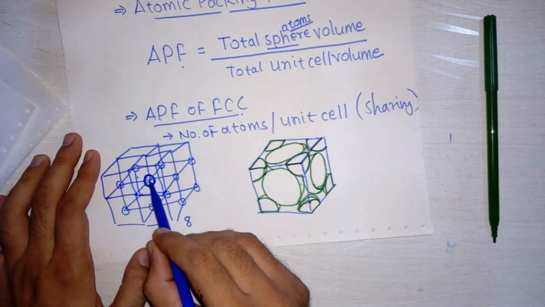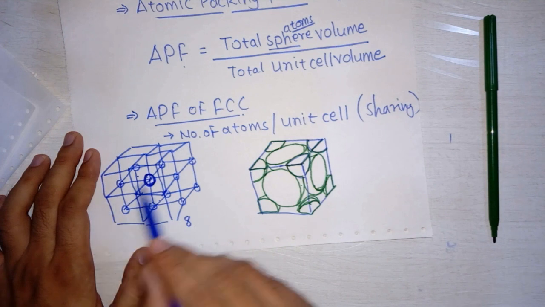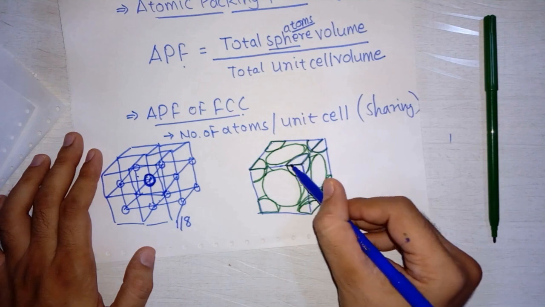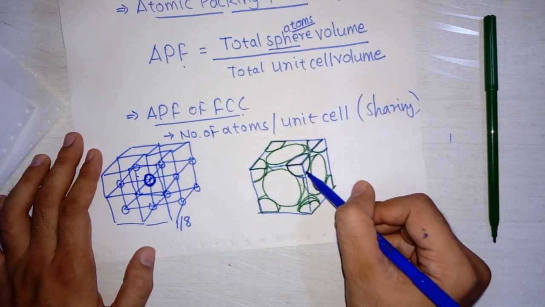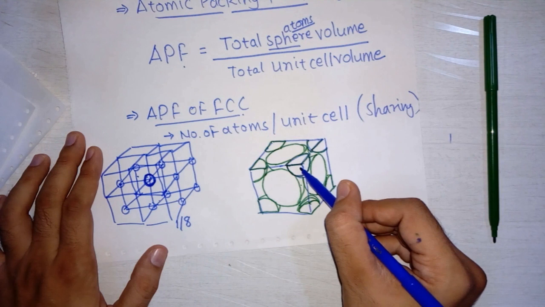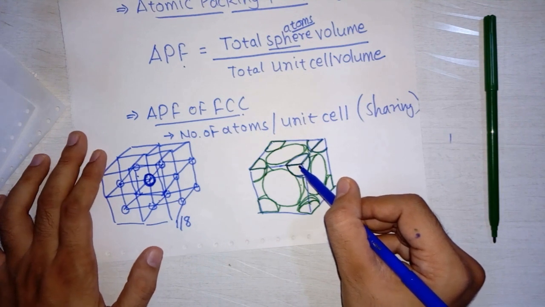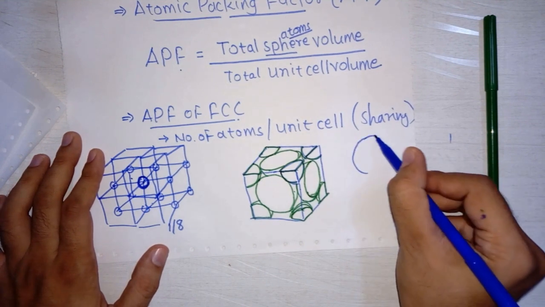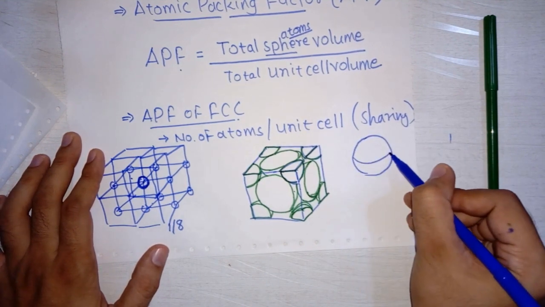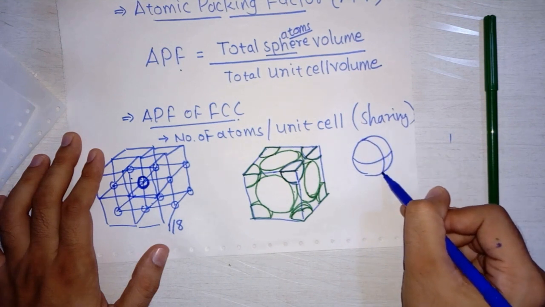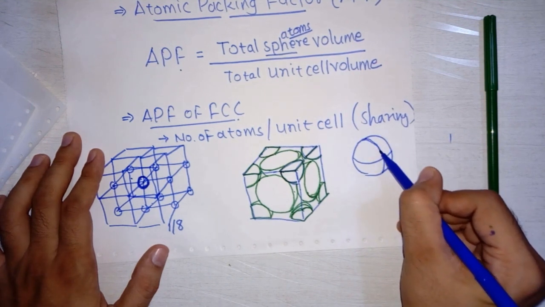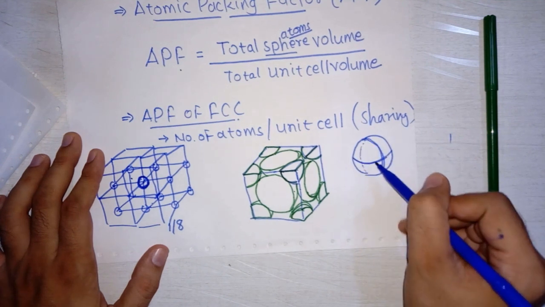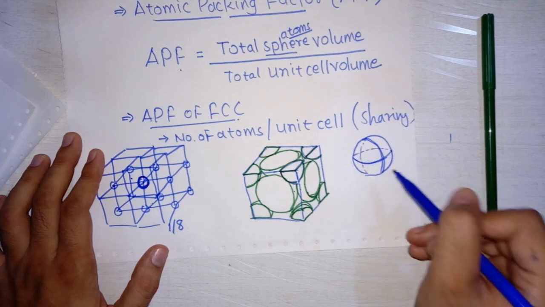Now if we consider the portion of this atom in one unit cell, we can say it is 1 by 8. That is why I have represented these atoms over here, and that is nothing but 1/8 of an atom. If we represent a sphere like this and cut it in 8 parts, let's say I am cutting it from this, also from this, and similarly one more cut over here and over here.